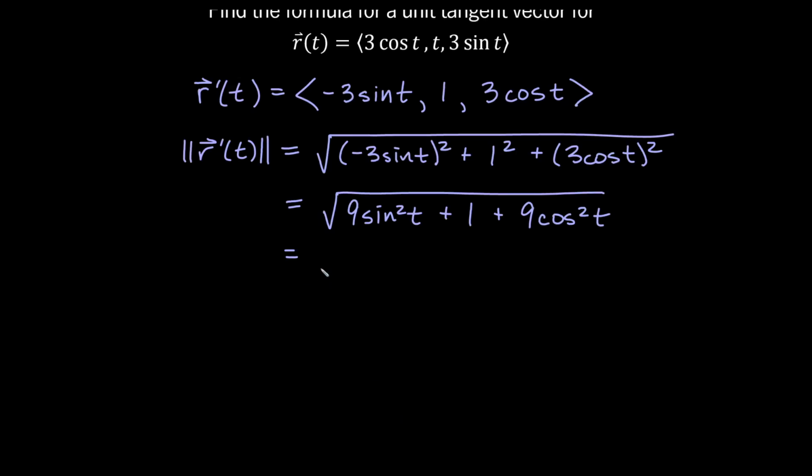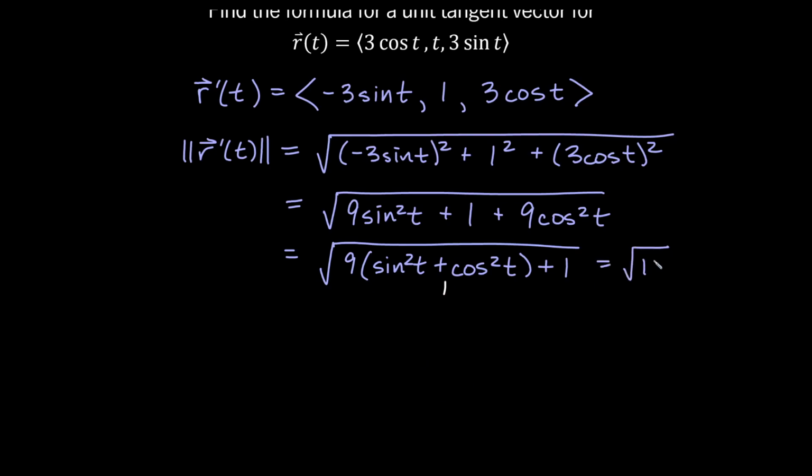So let's go ahead and factor out our common 9 and think of this as 9 times sine squared t plus cosine squared t, plus 1, of course. And the reason this is nice, now this is really 9 times this identity, sine squared t plus cosine squared t, that's 1. So this is 9 times 1. So we really get the square root of 10 for the magnitude of r prime of t here.